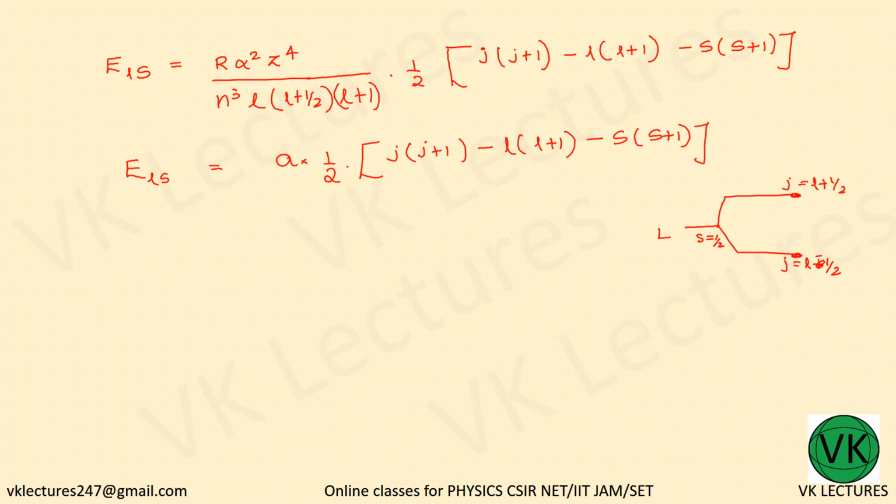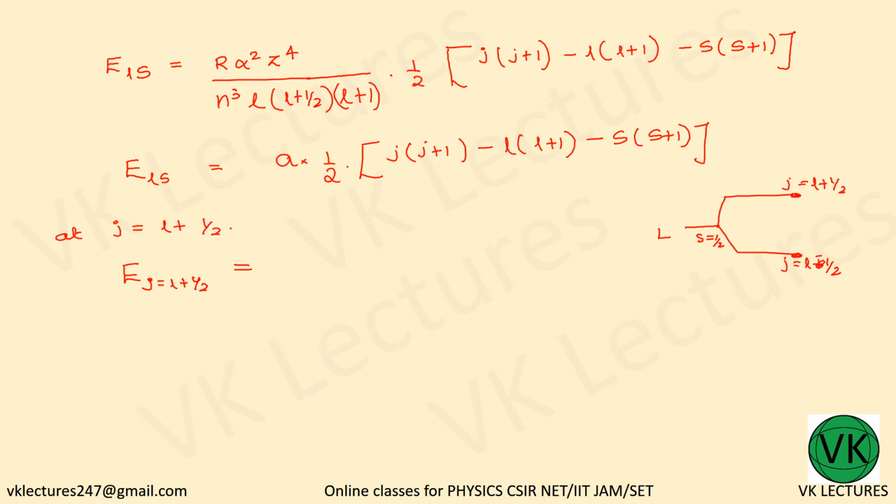At J equal to L plus half, we have the energy for J equal to L plus half. Wherever you have J, you have to substitute it by L plus half, and S is equal to half.